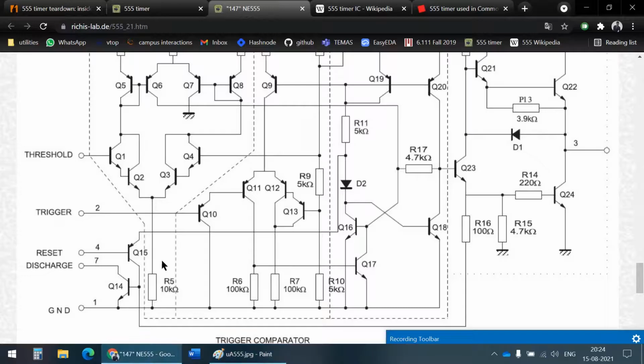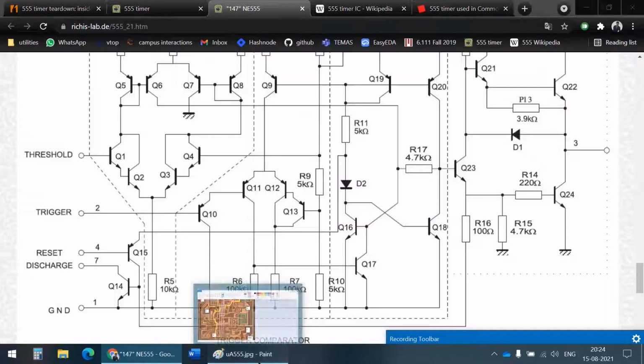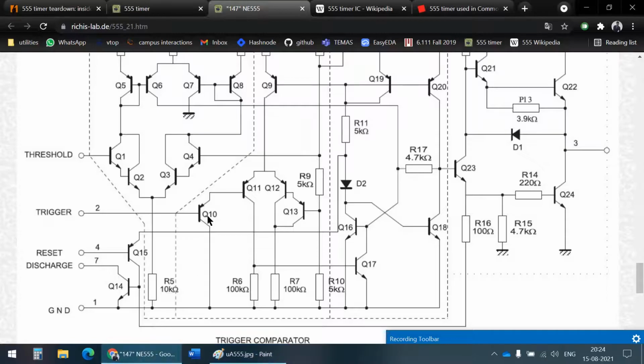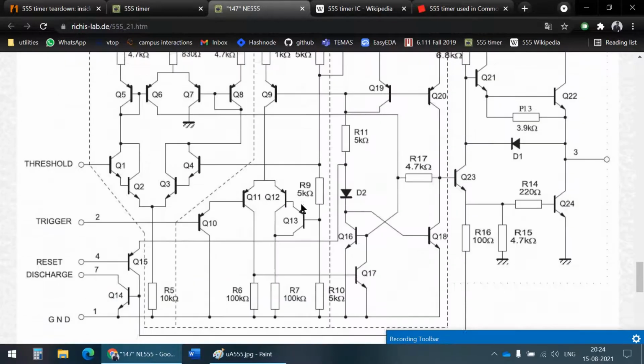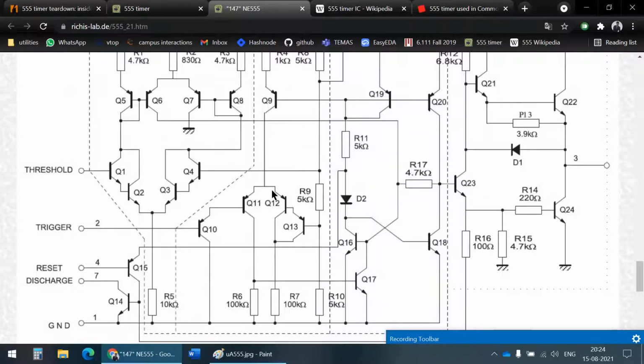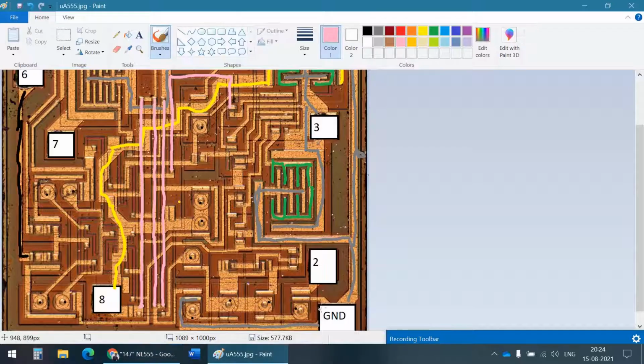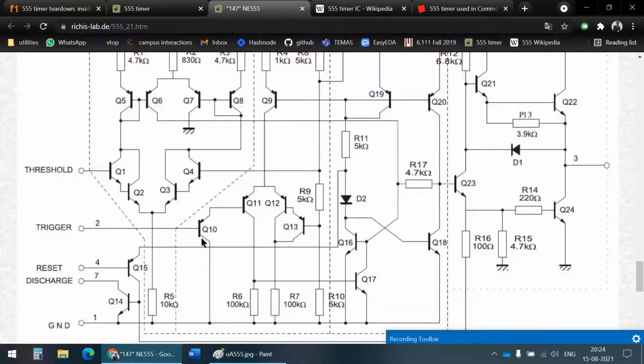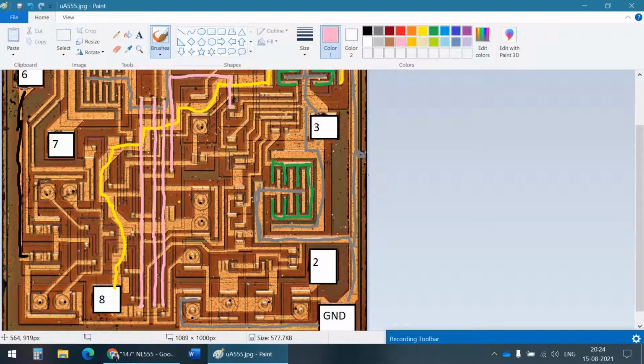Pin 2 was trigger pin. So this seems to be 10, 11, 12, 13. These are also current mirrors. Because they're all PNPs, right? All PNP. So these 4 are these 4 transistors here.